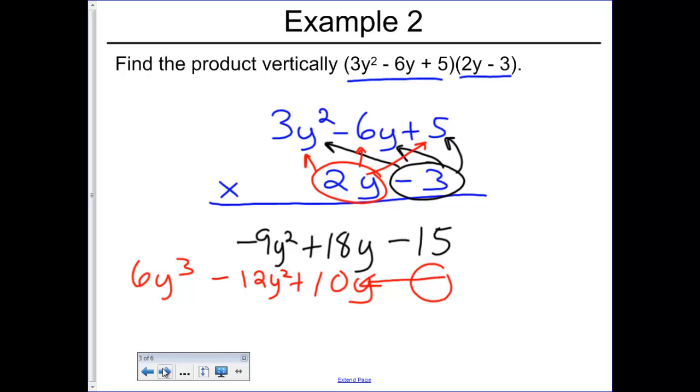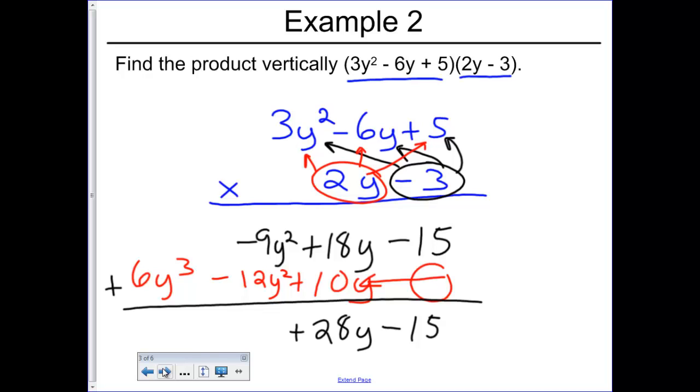All I've got to do now is draw a line here and add these up vertically, and I'm going to start on the right hand side. So negative 15 plus 0 is negative 15. 10y plus 18y gives us a positive 28y, and a negative 9y squared plus a negative 12y squared will give us a negative 21y squared.